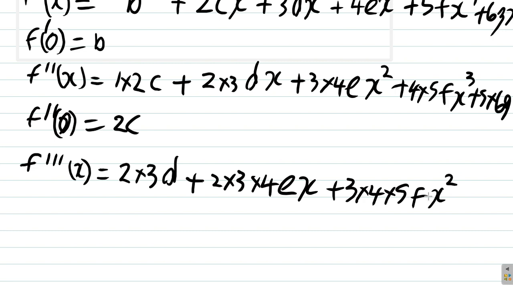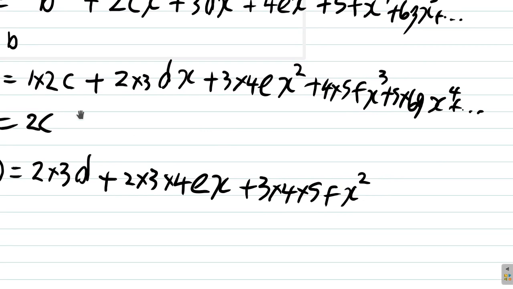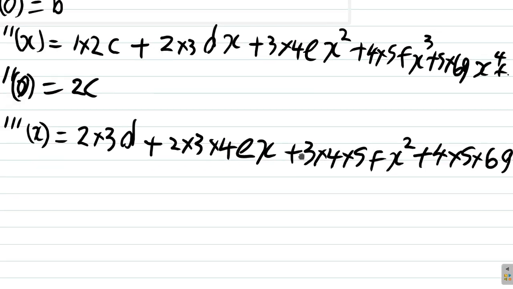So it's x squared. Alright? Then out here, what we're going to have is plus, multiply by the power, put the power in front, 4 times 5 times 6 g x to the 4 minus 1, which is 3 plus, and so on and so forth. Alright?